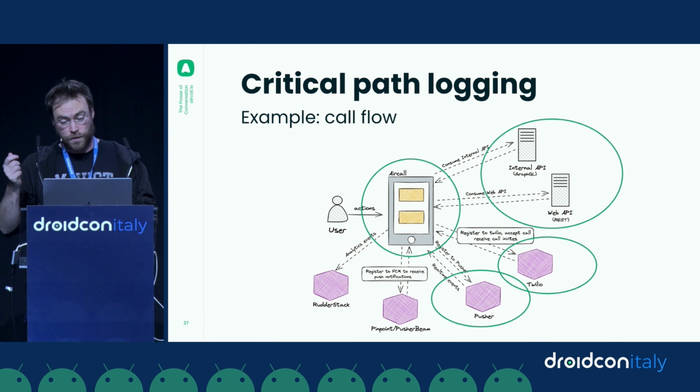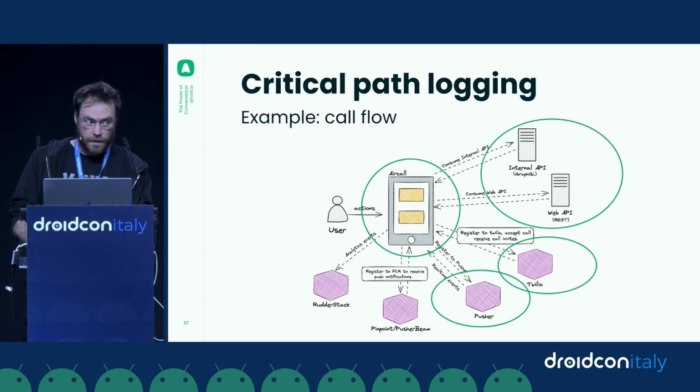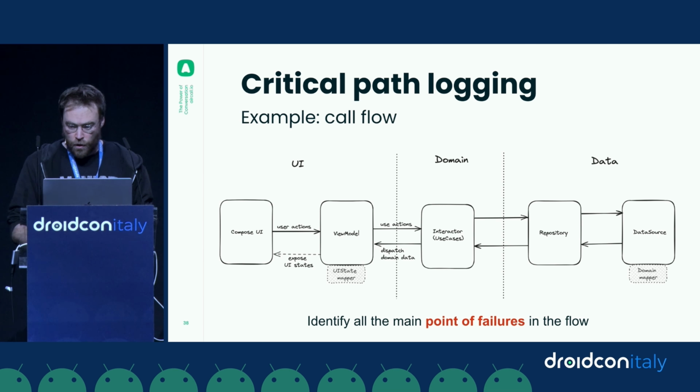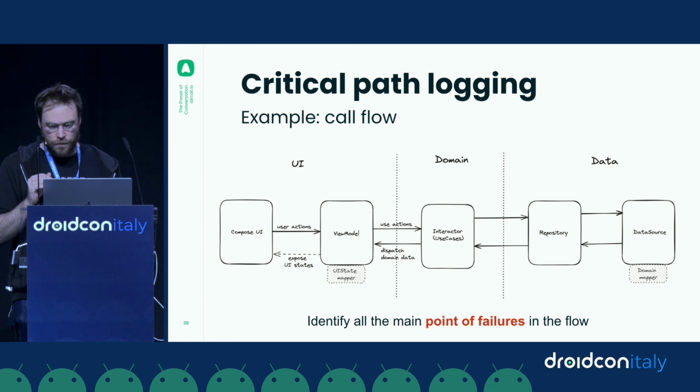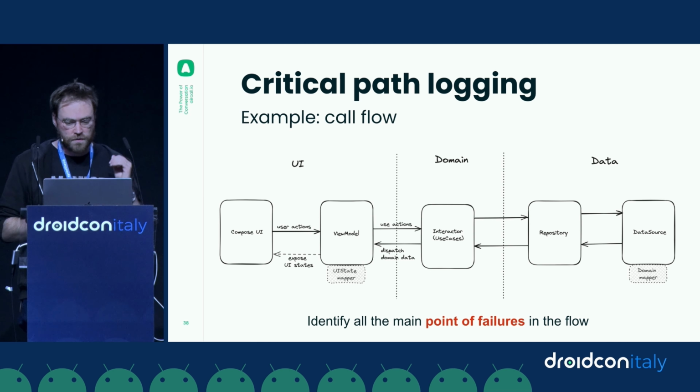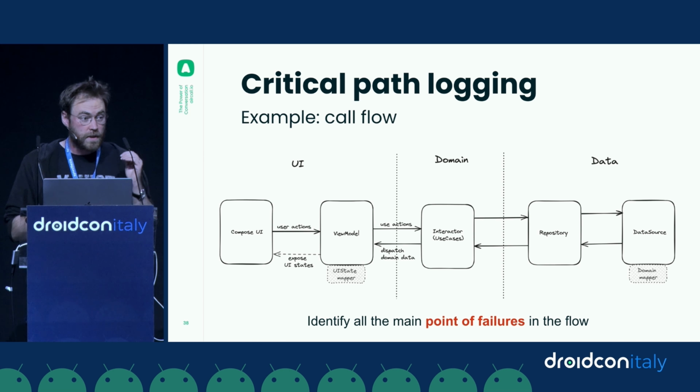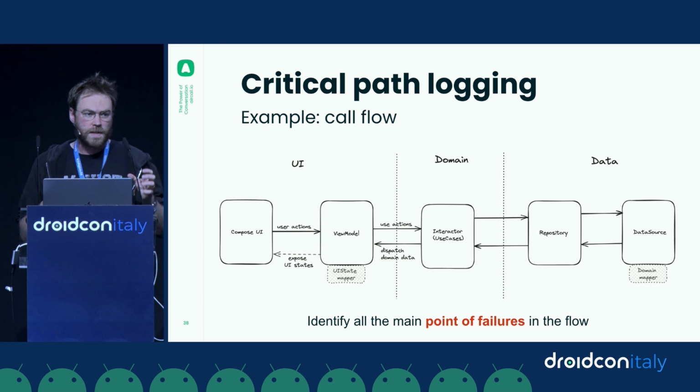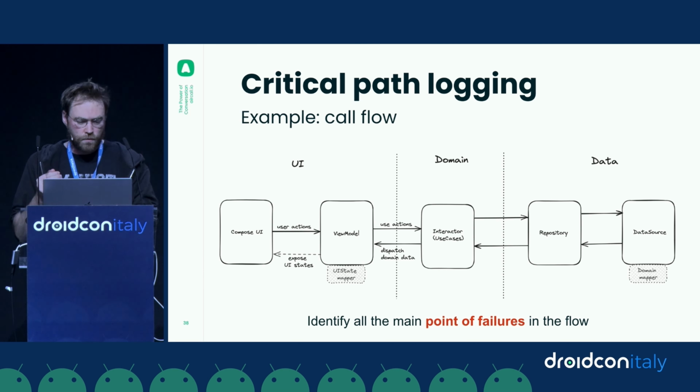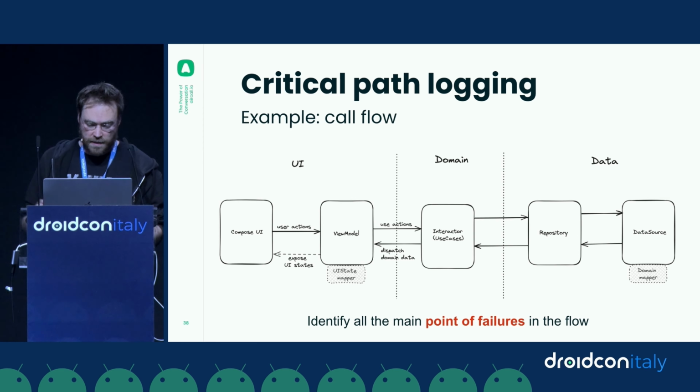We also communicate with our internal API, which can be REST or GraphQL, and we also have our own code in our application. So maybe there is a point of failure in the data source, the repository, or the interactor where I build my business logic. Or maybe it's in the UI state, the mapping is not good, so I send an unwanted screen, an unwanted state, to the user.